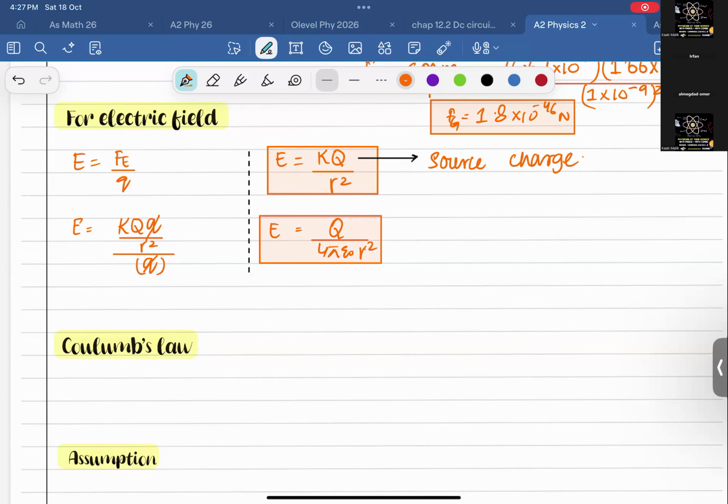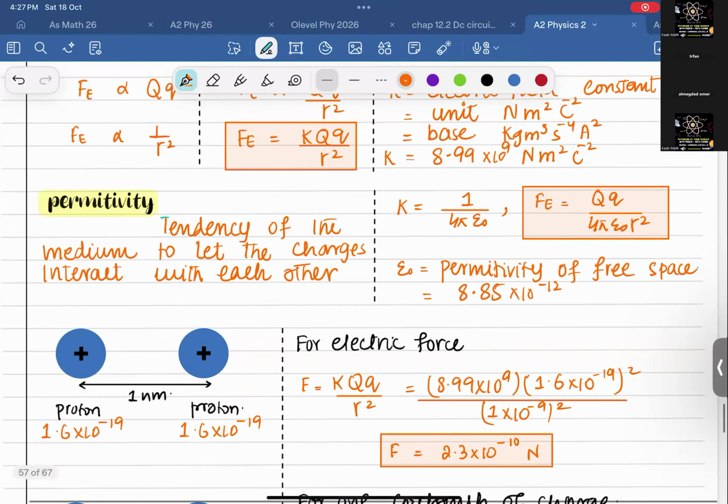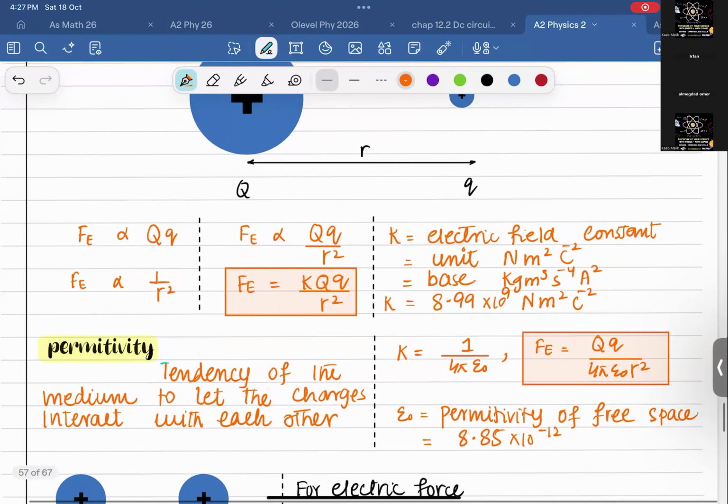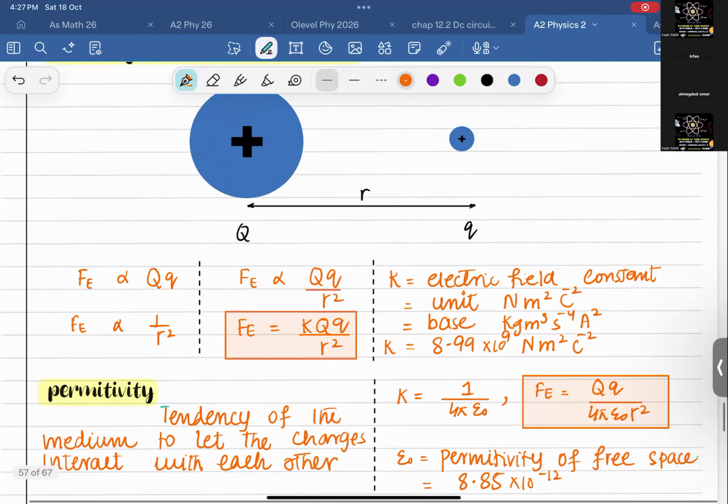Now, moving on to Coulomb's law, because all of these things are basically related with the calculation of Coulomb's law, right?